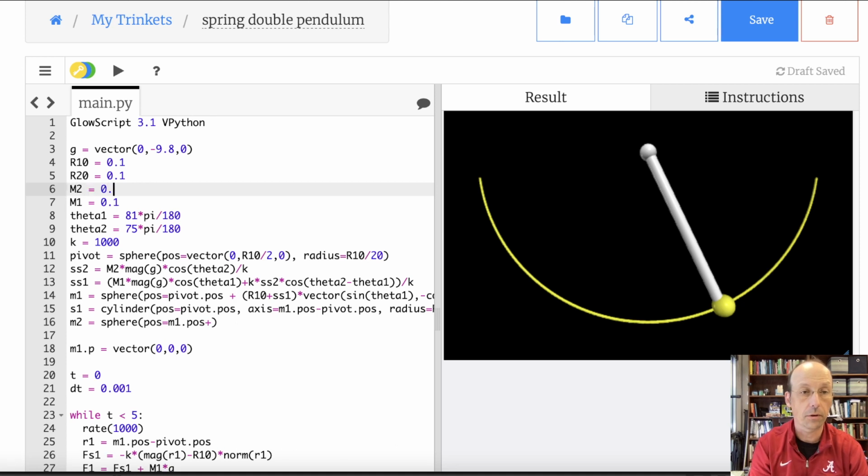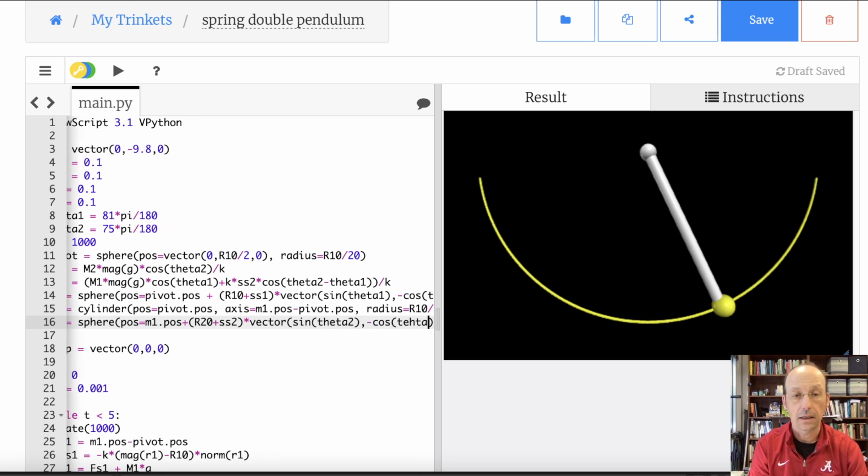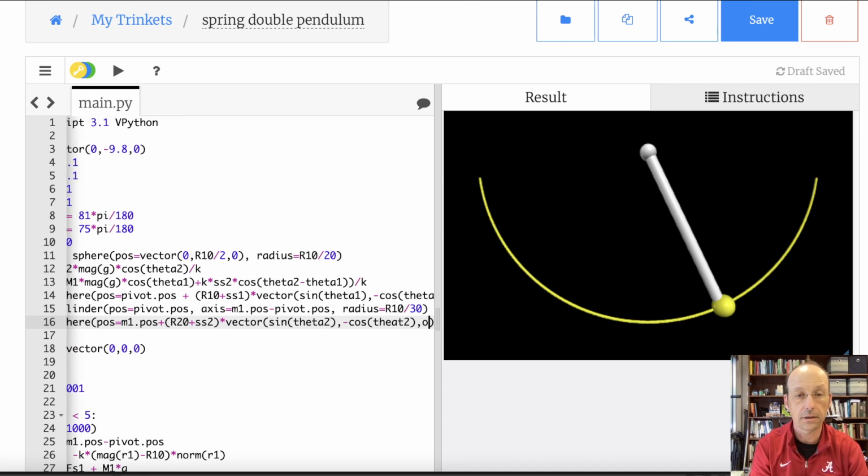M2 equals 0.1 there. Plus R20 plus SS2 times vector sine theta 2, minus cosine theta 2, 0. No, I just did O twice.